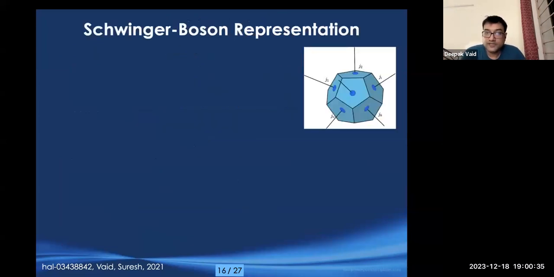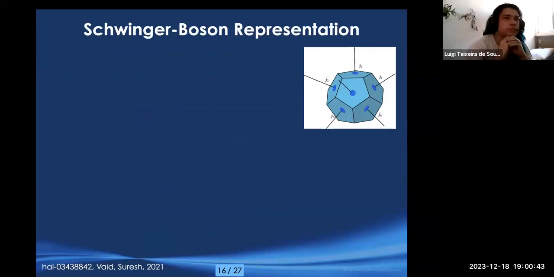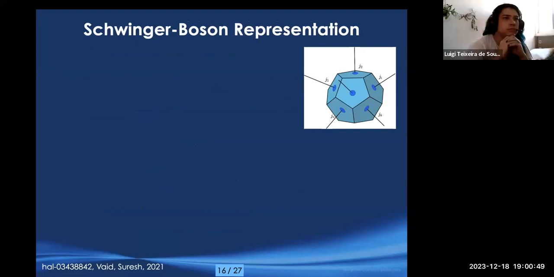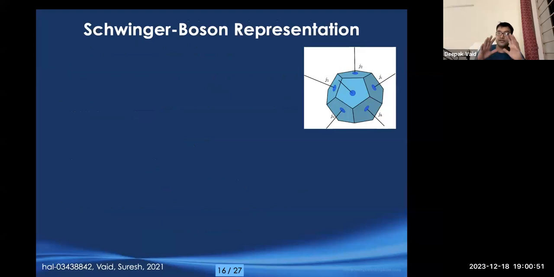So now the picture that we have is the following. This is a polyhedron, and all of these edges are coming in. What makes it a polyhedron is the fact that all the faces must match together. There should not be any gaps.